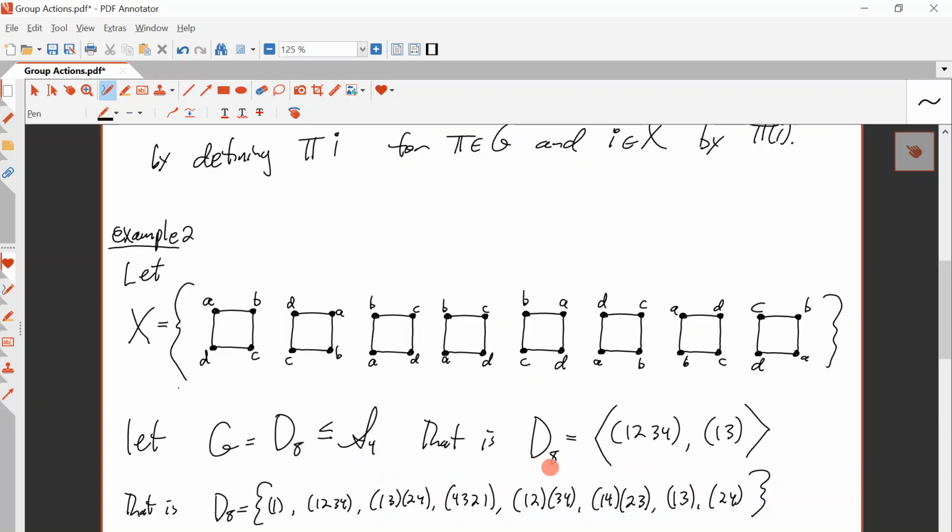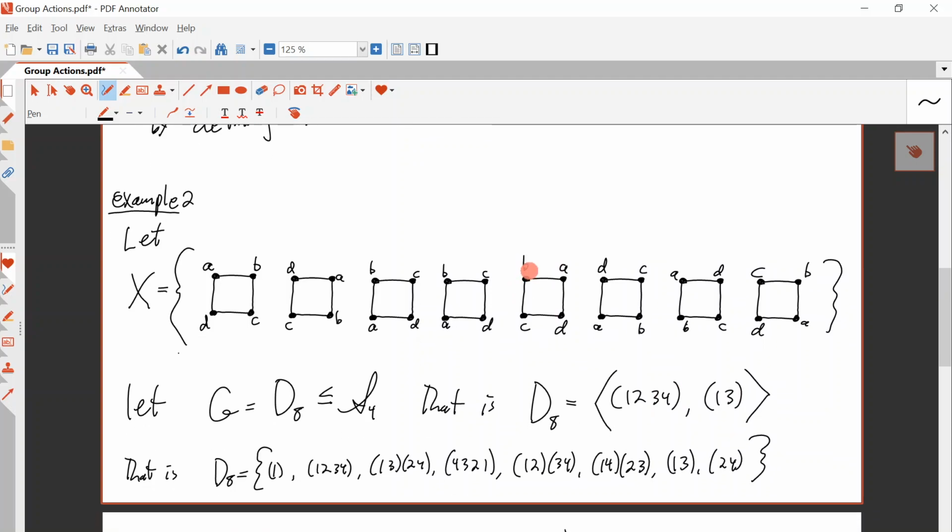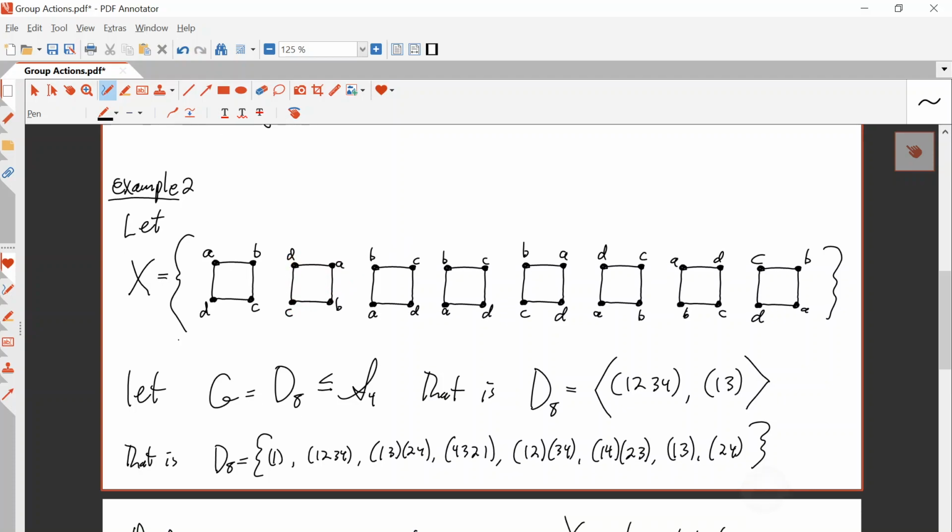So I want to look at the dihedral group of order 8 as the group generated by rotation (1 2 3 4) and reflection (1 3). Now, what do I mean between A, B, C, D and 1, 2, 3, 4? I don't want to confuse these labels. A, B, C, and D are in different spots. A is here, B is here, C is here, D is here. But now A is there, B, C, D, and so on and so forth.